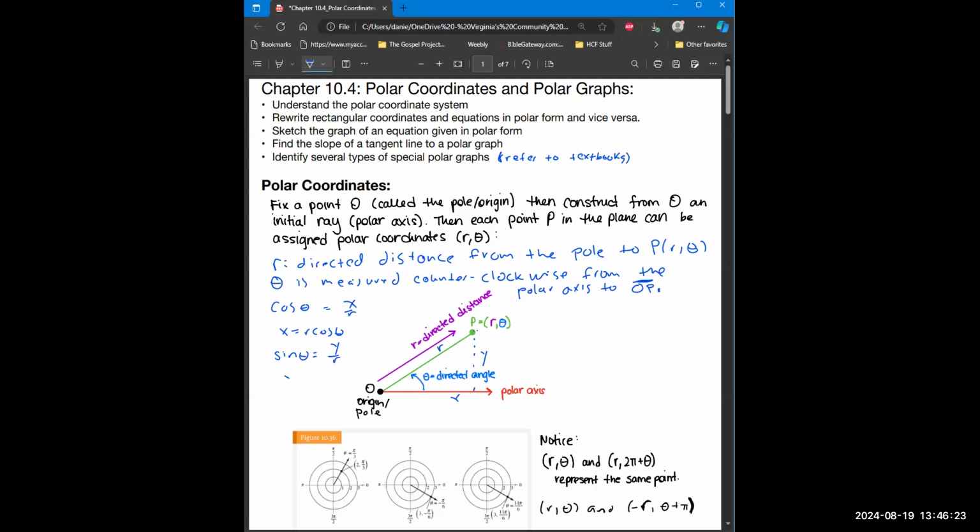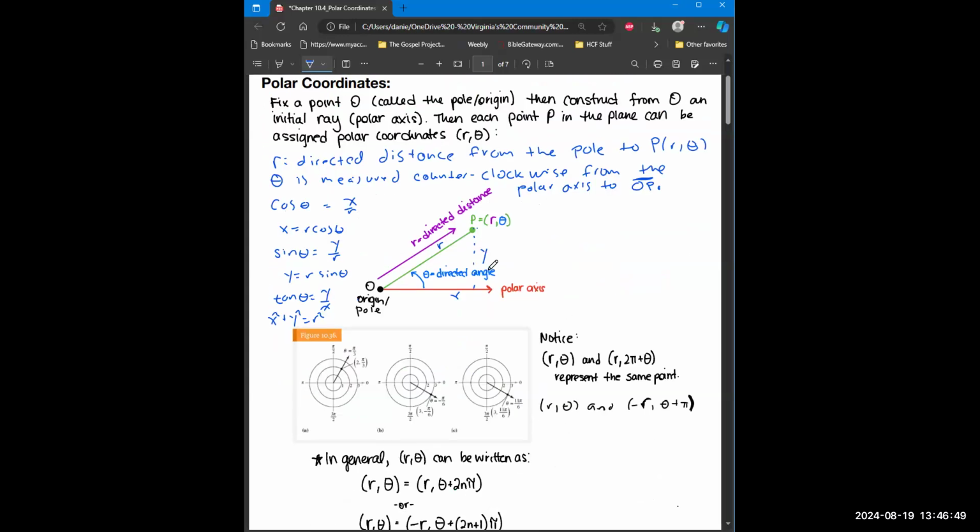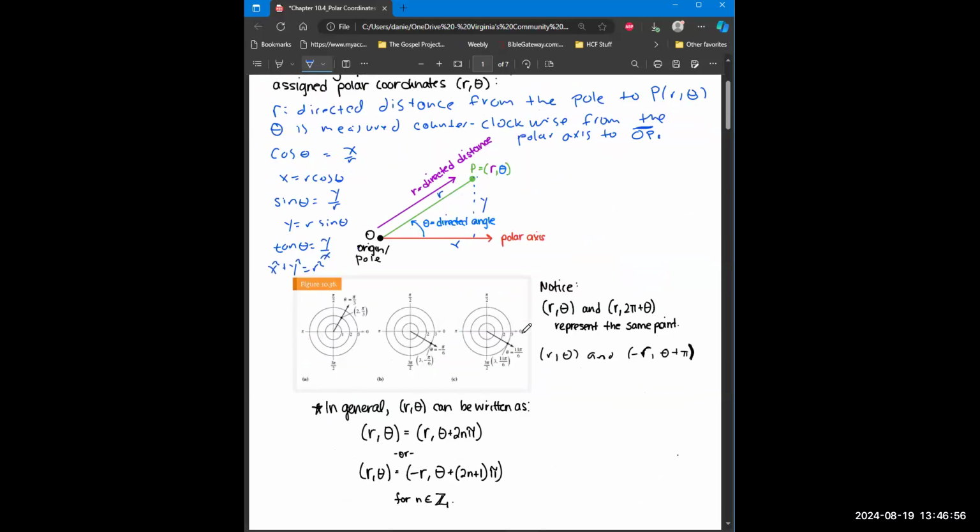So y is equal to r sine theta, and tangent of theta is equal to y over x. And we can use the Pythagorean theorem to say that x squared plus y squared is equal to r squared. There's going to be our four conversions that we're going to talk about in just a little bit, but I'll introduce them right now while I have this x, y, r, theta triangle, this angle in standard position that we're talking about.